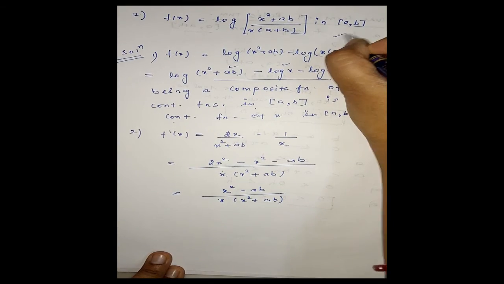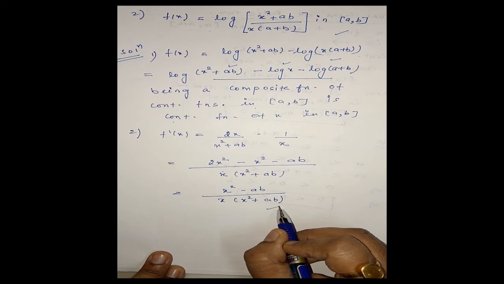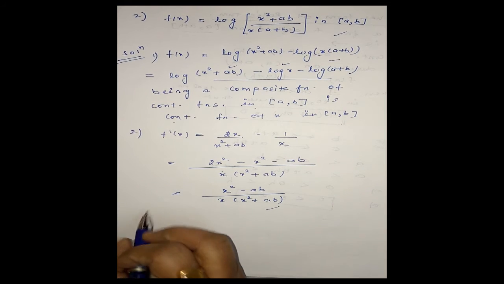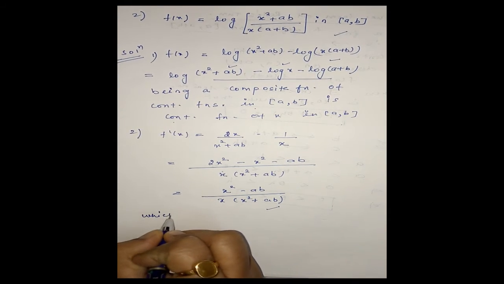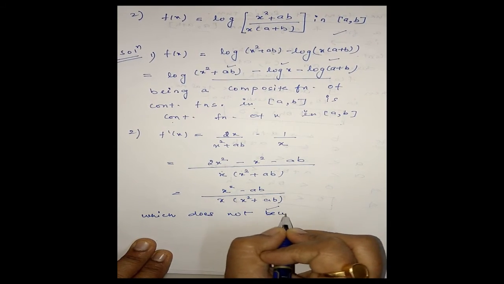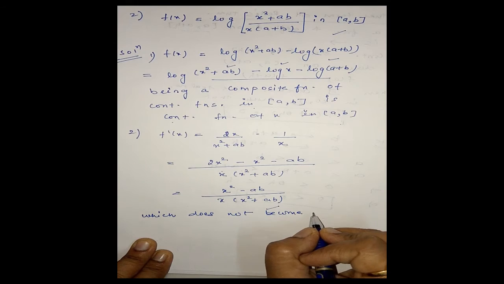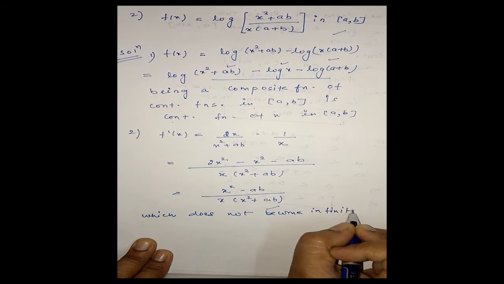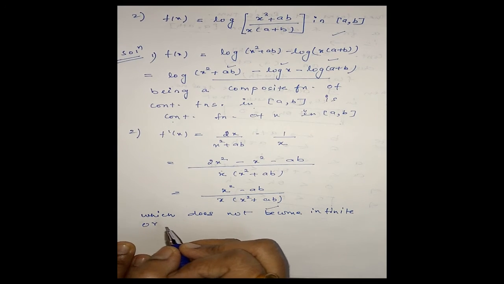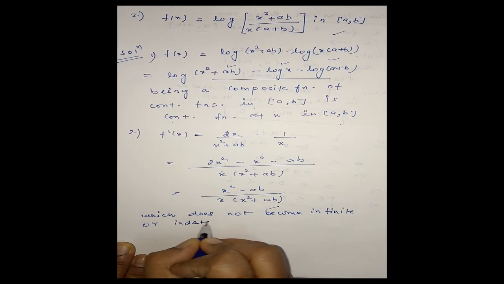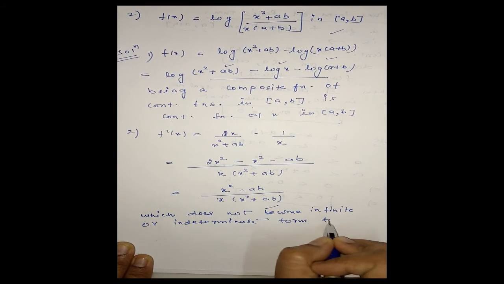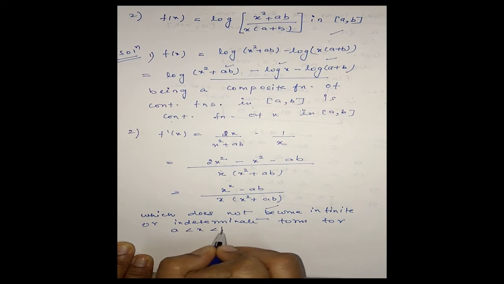Now in the interval [a, b], it is nowhere becoming infinite or indeterminate. Therefore, the function is derivable, since it does not become infinite or indeterminate, meaning 1 by 0 form, or indeterminate 0 by 0 or infinity by infinity form, for x lying between a and b.